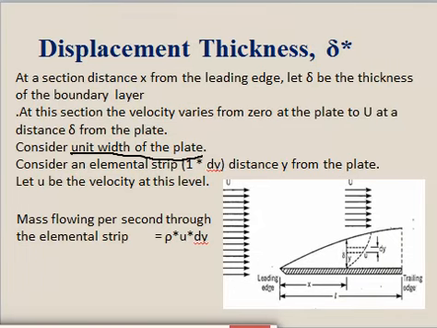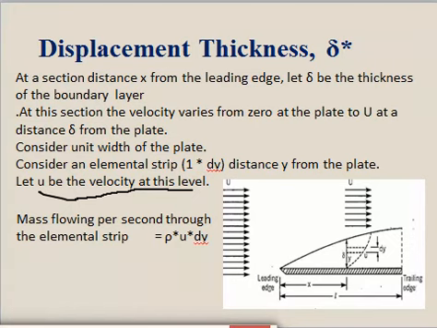If we talk about this strip, the elementary area of this strip will be, since its width is unity, 1 into dy, and let u be the velocity at this distance y, its instantaneous velocity.